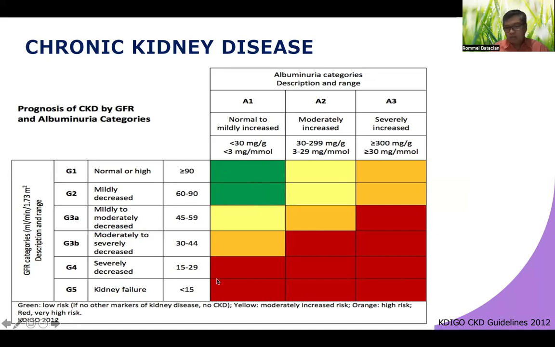But if the eGFR is 28 and the urine albumin creatinine ratio is 50 milligrams per millimole, it falls in the red spot, which means there's a very high risk of developing end-stage renal disease that would necessitate renal replacement therapy or dialysis. This means the dose adjustment in these patients would be much more stringent, therefore lower doses than what is usually recommended must be given to these patients.